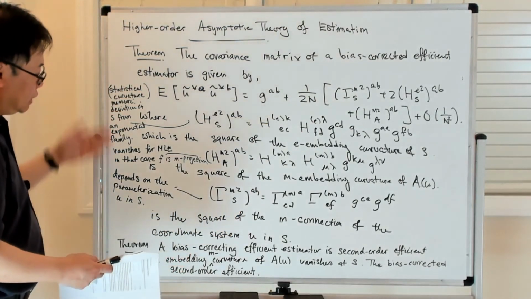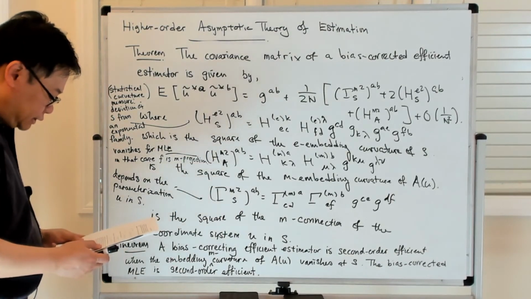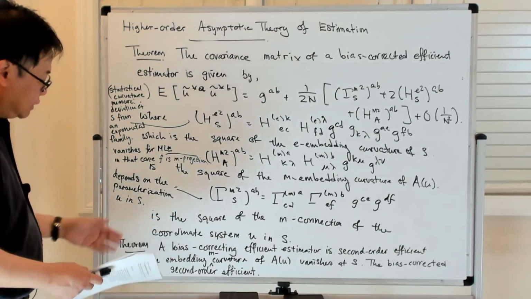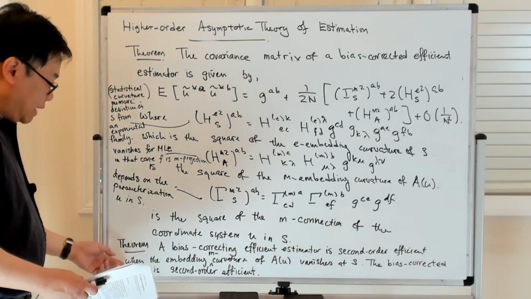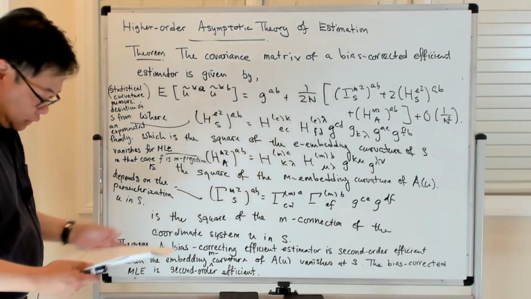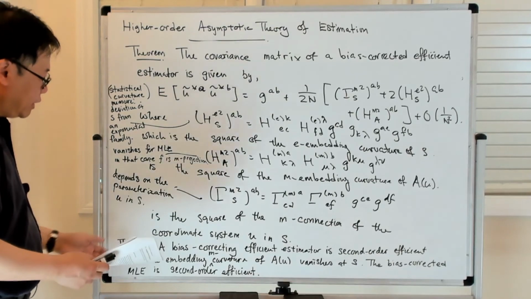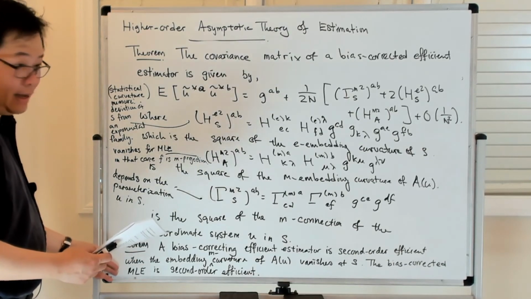You can ask whether this is true of even higher order cases, but it turns out that the maximum likelihood estimator is not third order efficient. That was proved by Kano back in the late 90s.